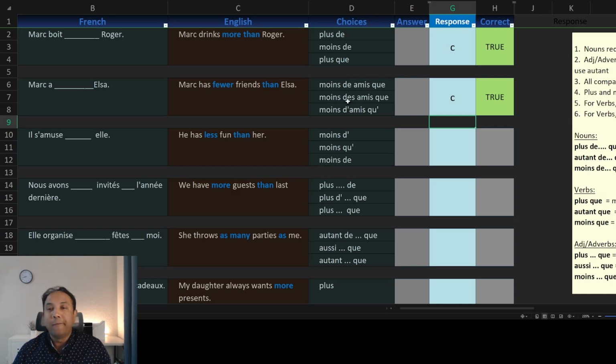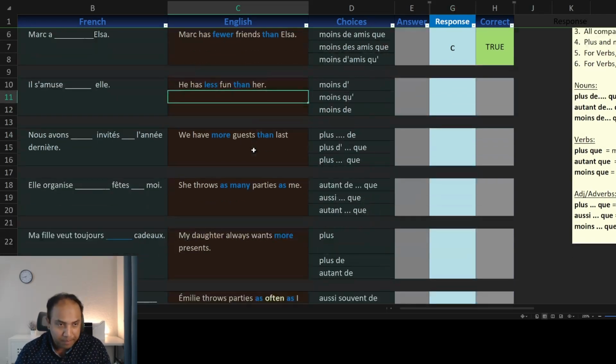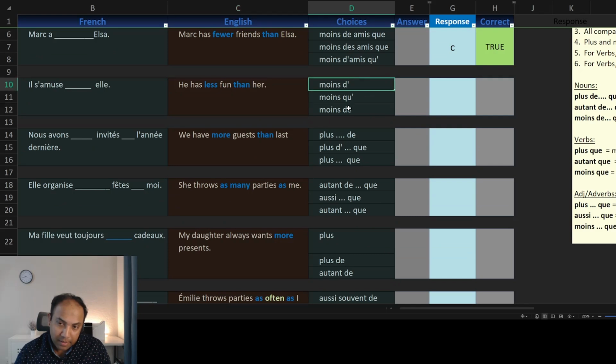Obviously, this is another clue. It cannot be K because Elsa is an E. Next one. He has less fun than her. It's not going to be the or the, so it's going to be B. My answer is B, and that is correct.